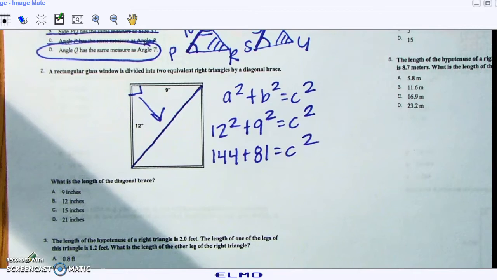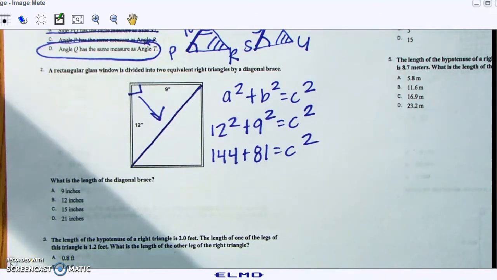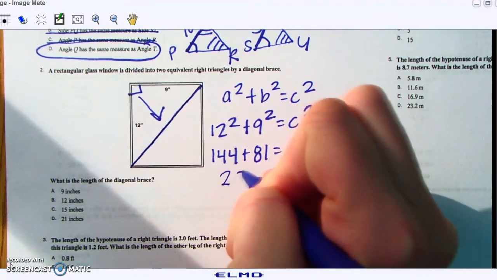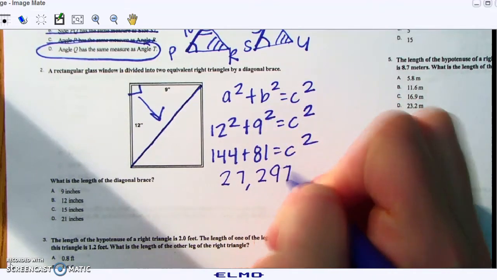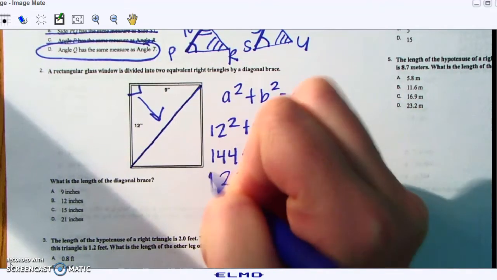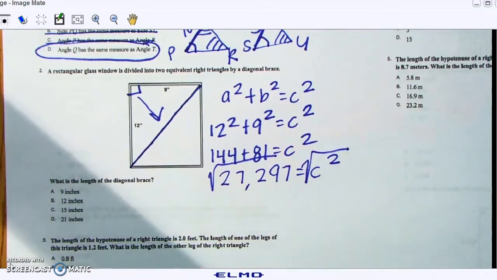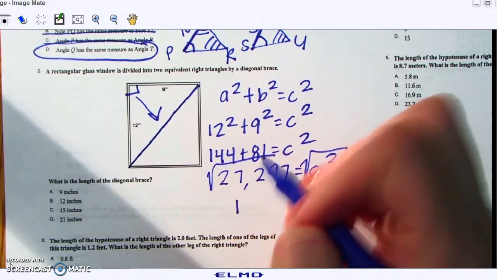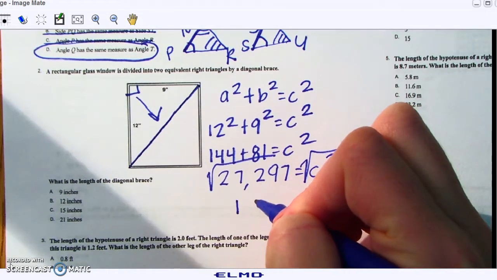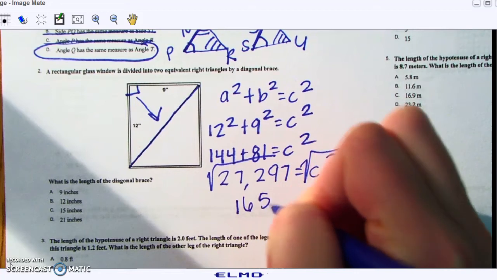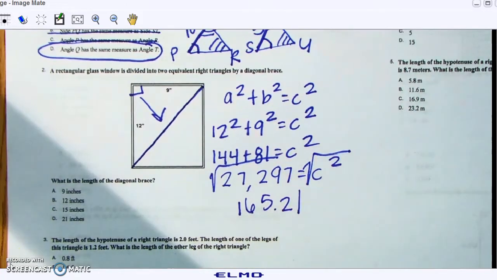Let's see here. Oh, my calculator died. All right, 144 squared plus 81 squared is 27,297 is equal to C squared. Now I need to take the square root of both sides, and I get 165.21.